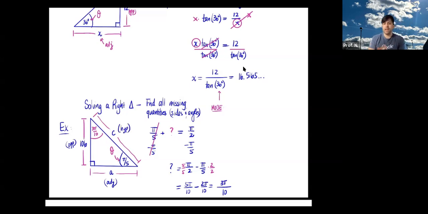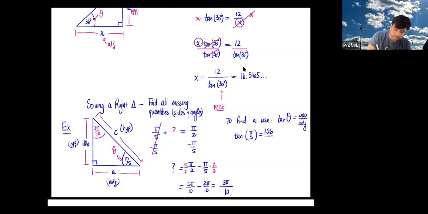To find the adjacent side, knowing the opposite side, what do I have to use? To find A, use tangent. Tangent of theta, because I know the opposite side over the missing adjacent side. So this will be tangent of pi over 5 equals 106 over A. I want to solve for A, very similar to the previous example.